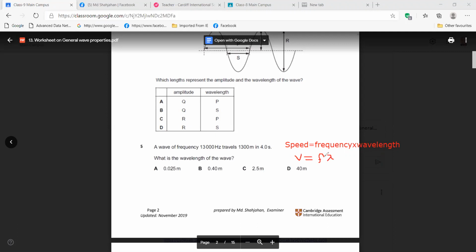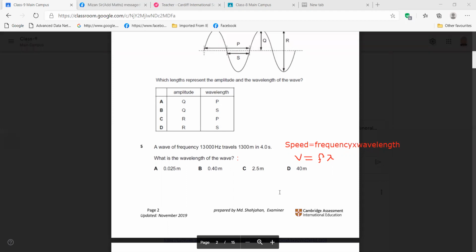Lambda symbol you learn how to draw, how to write. Now what you are going to find? Wavelength. Then make wavelength the subject: wavelength equals V divided by F.